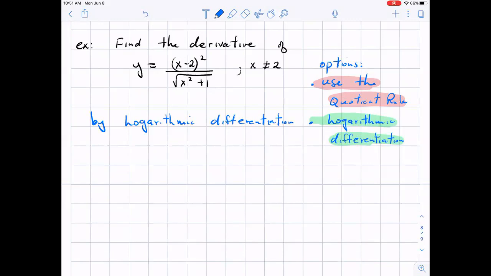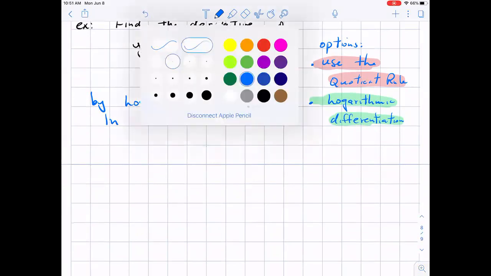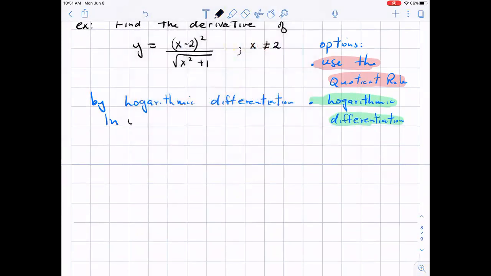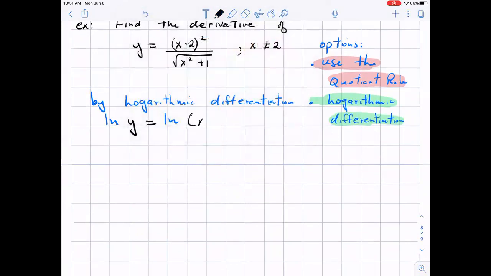By logarithmic differentiation, what I'm going to do is take ln of both sides. So ln of y equals the ln of (x minus 2) squared over the square root of x squared plus 1.